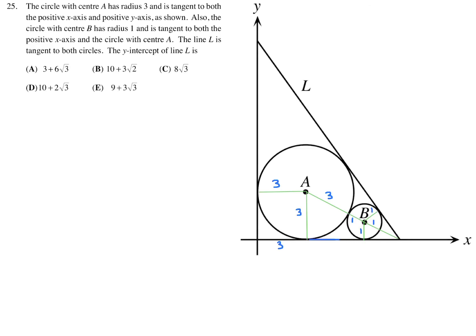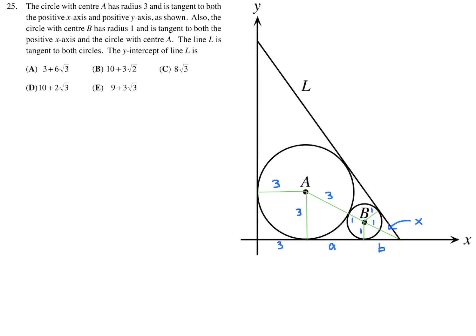Now this distance here we don't know, so I'll call it A. And this distance here similarly I don't know, so I'll call that B. And there's one more distance I don't know, this little guy right there. So I'll call that X. Okay?